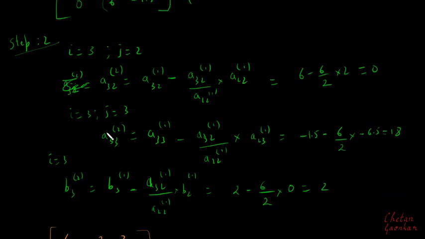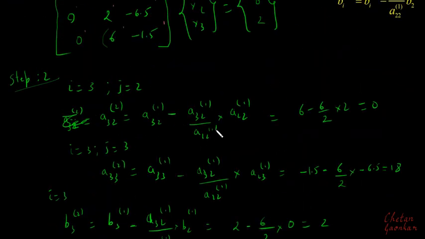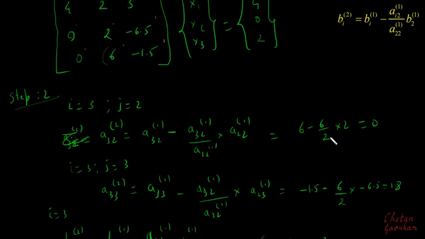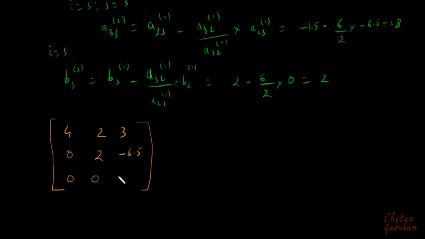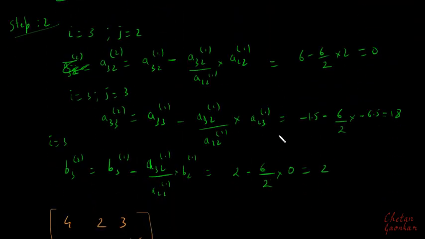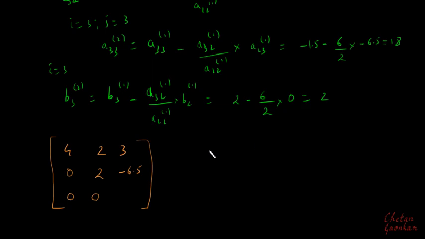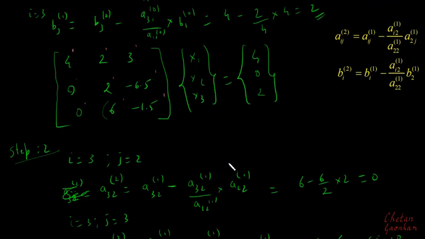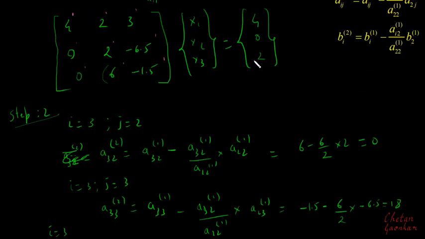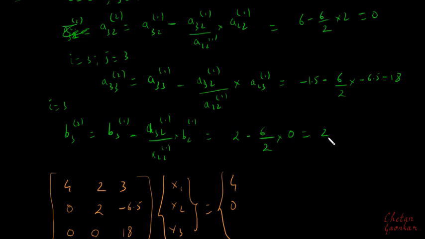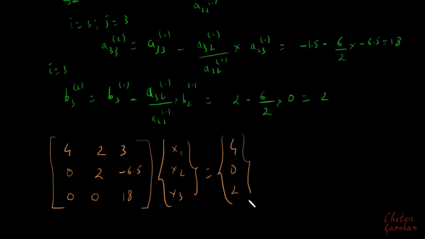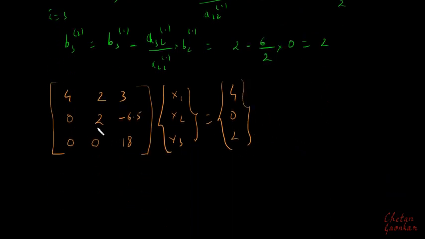This has been changed now: earlier it was 6, now it has become 0, and this is what we wanted, and earlier it was minus 1.5, now it has become 18. This is multiplied by our unknown vector x1 x2 and x3, and this should be equal to our forcing vector, that is 4, 0, and this 2 has remained as 2. Fine.